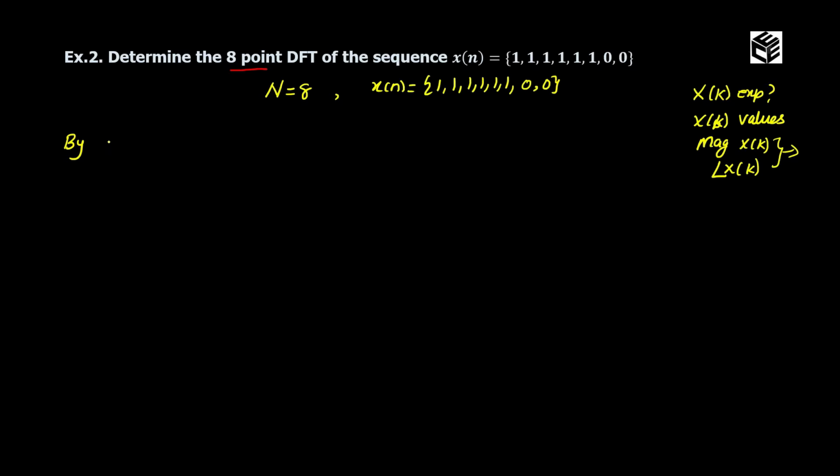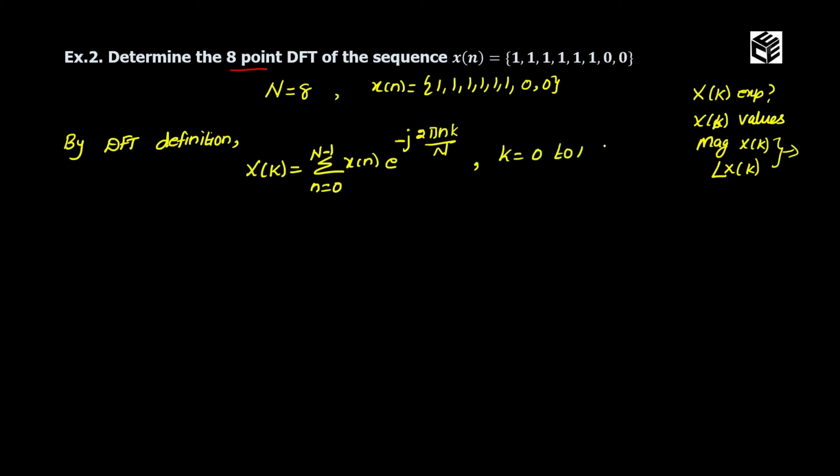By the DFT definition or DFT formula, what do we know? We know the formula to calculate DFT, that is x of k is equal to summation n equal to 0 to N minus 1 x of n e power minus j 2 pi nk divided by capital N, where the value of k ranges from 0 to N minus 1.